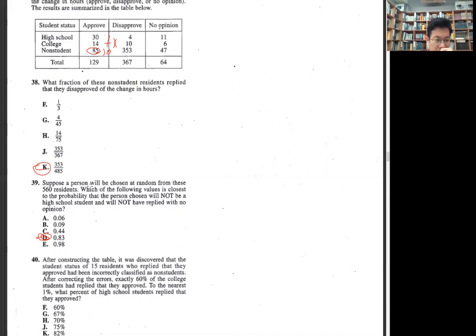Okay. So let's say this now, we take out the 15 non-students, so then we add 14 plus x, and then 30 plus y for high school students. So we have to figure out x first. So 60% is given.